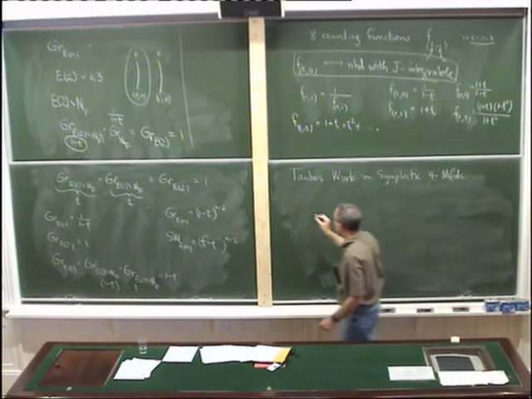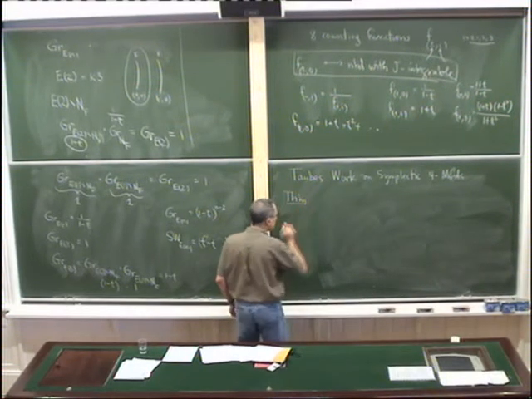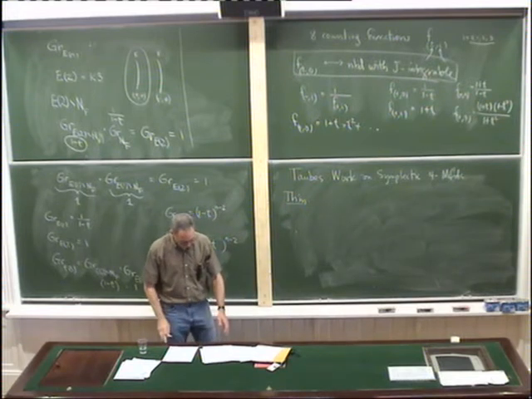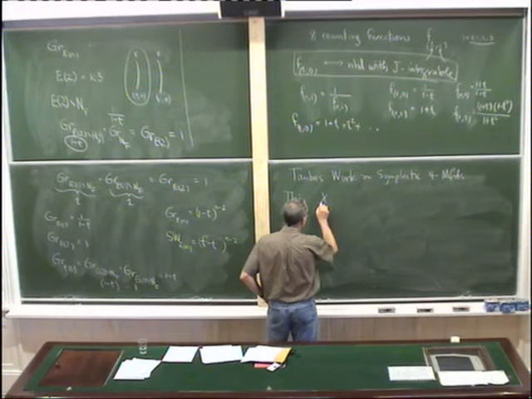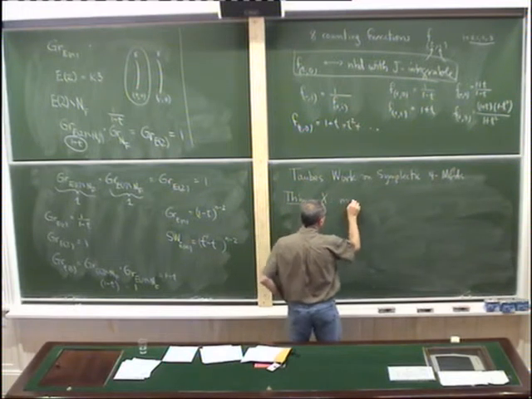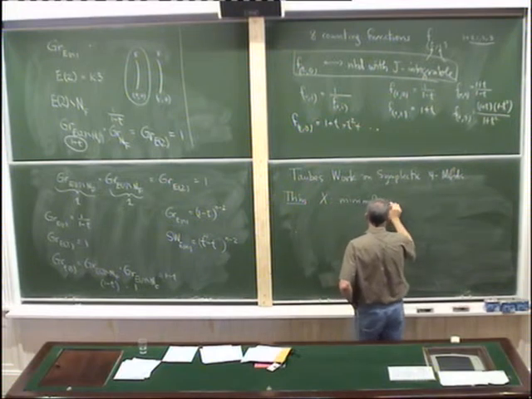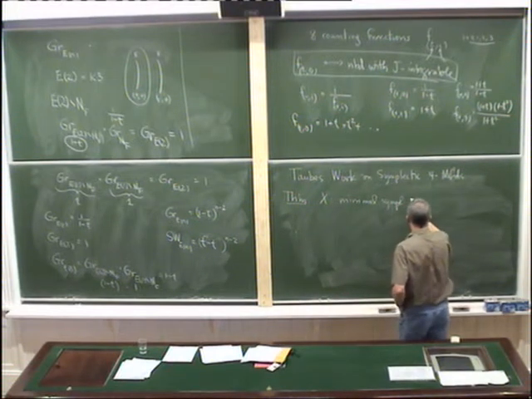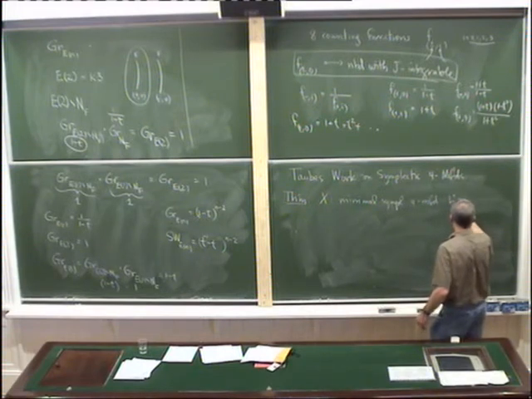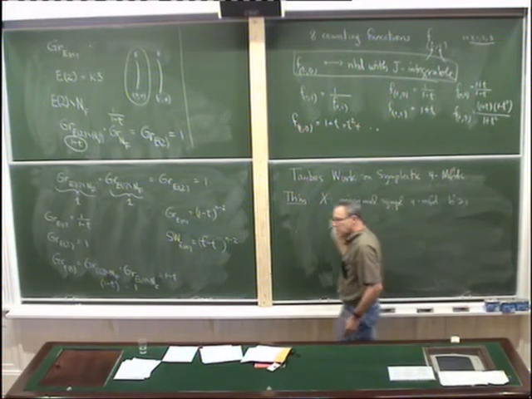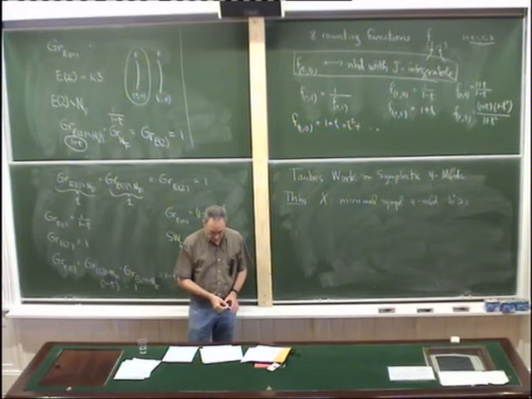So let's first start with some facts that Taubes has proved about the Gromov invariant. So suppose we have X as a minimal symplectic 4-manifold with b plus greater than 1. Again, minimal just means no spheres of self-intersection minus 1.